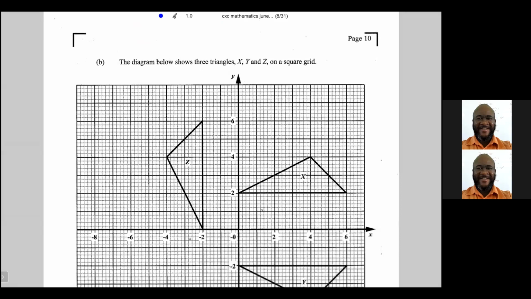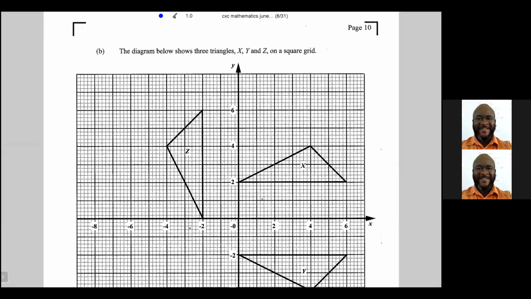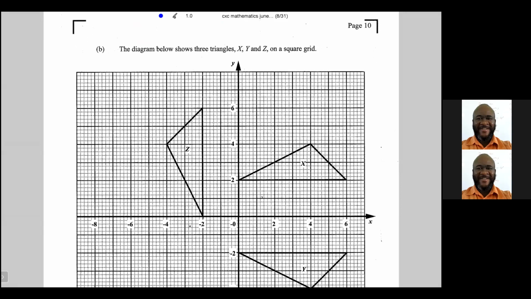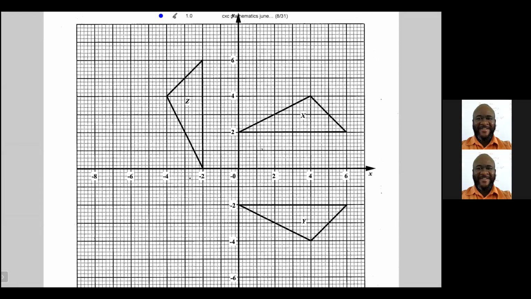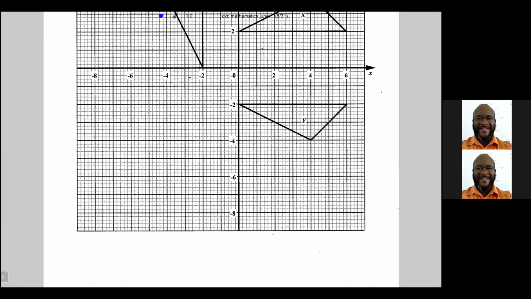All right, B. B says the diagram below shows 3 triangles, X, Y, and Z on a square grid. All right, let's turn the page.